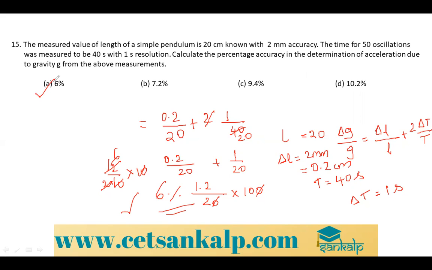Okay, I hope you are clear with this. So this completes the chapter units and measurement. In this particular chapter you have to concentrate more on the last type of problems, that is, those based on relative error and percentage error. It's very, very important. Then the next very important thing is based on the vernier calipers.